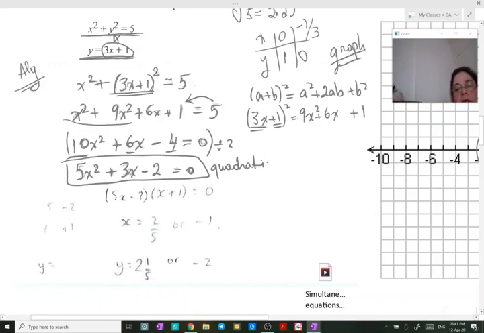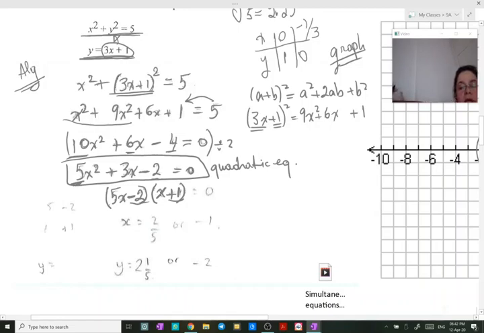In order for us to solve this quadratic equation, we need to factorize. We have the 5 here, so we write 5x and 1x, because 1 times 5 is 5. And we have a 2 here, so it is 2 and 1. The factors of 2 are 2 times 1 gives you 2. Now we need here to have a minus, therefore one of them is going to be minus, one of them is going to be plus, because when you multiply minus 2 times plus 1, it gives you minus 2.